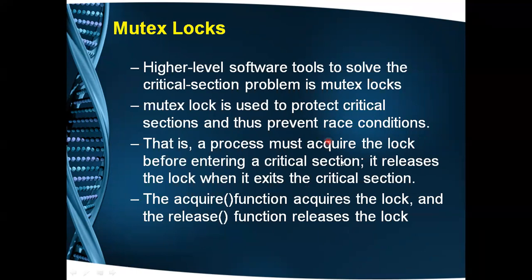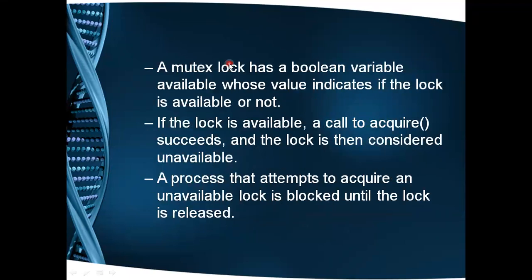For acquiring and releasing the lock, two methods are used. They are called acquire and release. The mutex lock has a Boolean variable called available. Boolean means it has either a true or false value, or 0 or 1. If the lock is available, the call to acquire succeeds. That is, if the available value is true, then a process can enter the critical section by calling acquire.